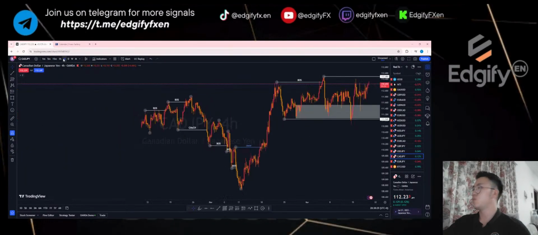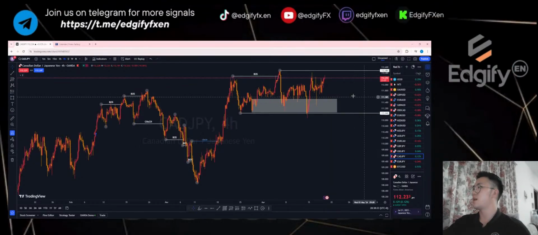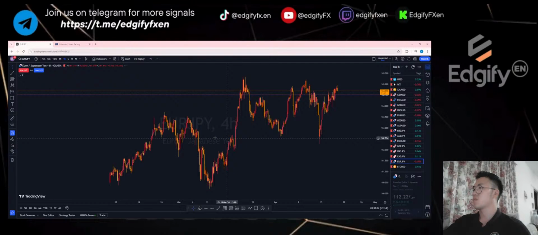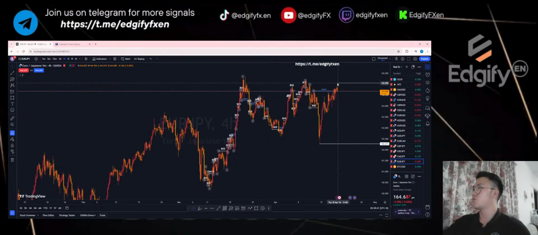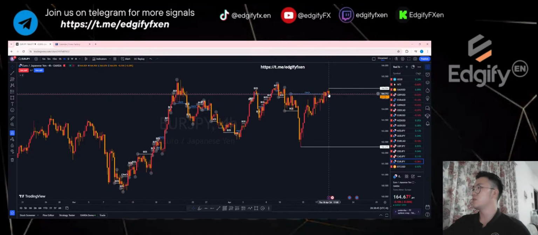CAD JPY, it's still here. We are looking to buy, which we need to come back below here. And Euro JPY would be on a rise at the moment because we have this break already.